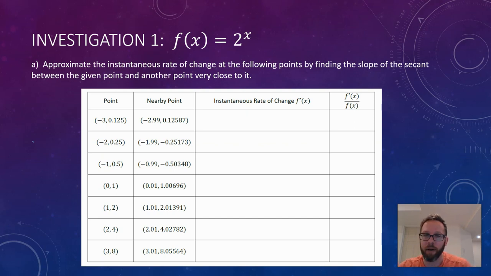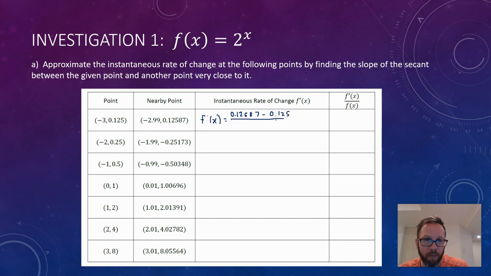To find the instantaneous rate of change, or a very close approximation to it, we're going to find the slope of the secant. So we find the difference in the y's: 0.12587 minus 0.125.